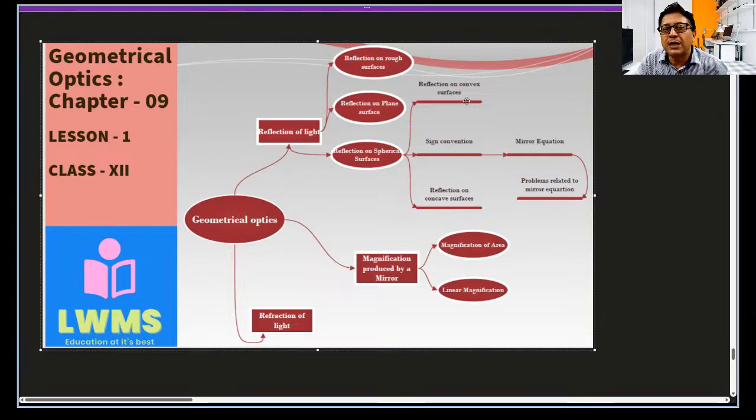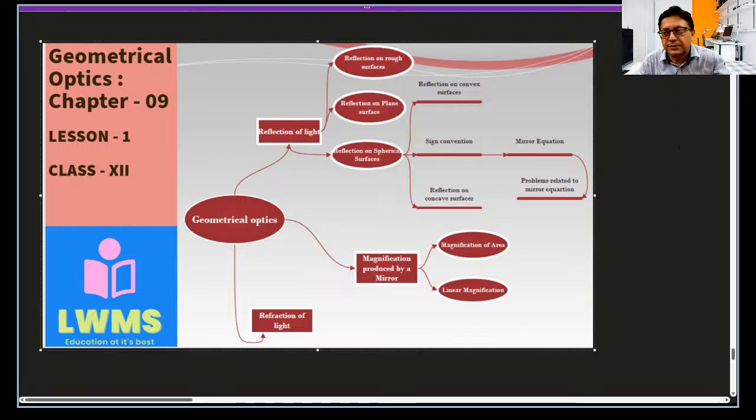To discuss reflection on convex and concave surfaces, you need a sign convention, which will help you get the mirror problem, and then the respective mirror problem can be solved by knowing the mirror equation. Okay, so let us start step by step.